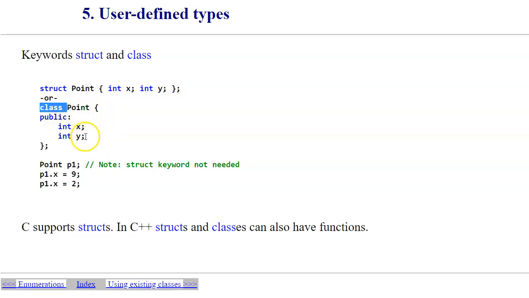In a class, the default access type is private, so if you'd like to make X and Y public inside your class, you have to explicitly declare them public. And of course, this is an example of declaring a point structure and accessing its parameters.